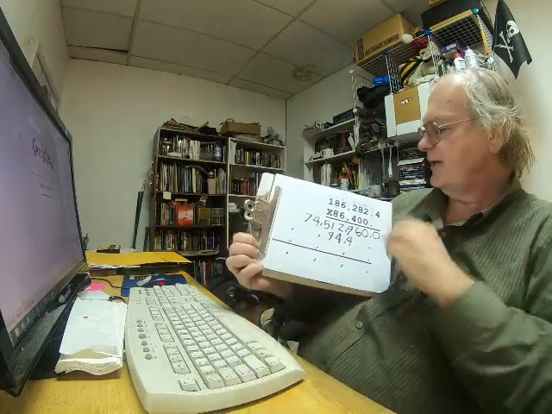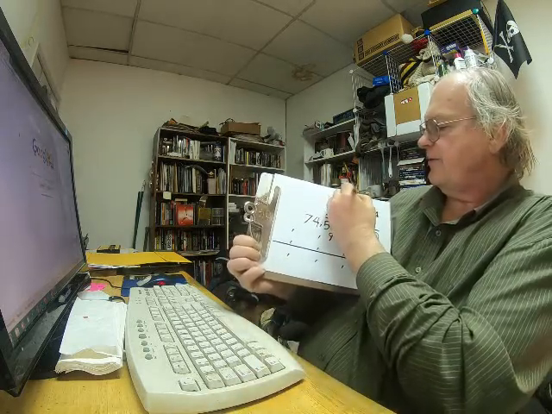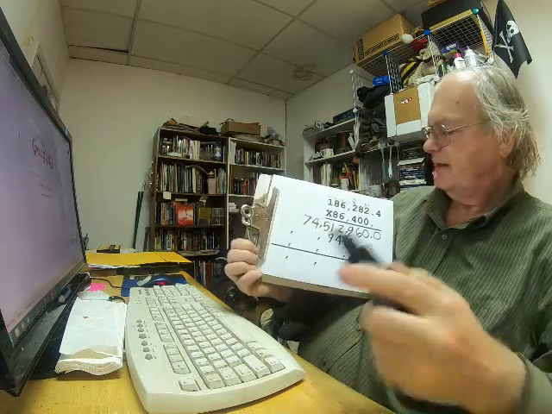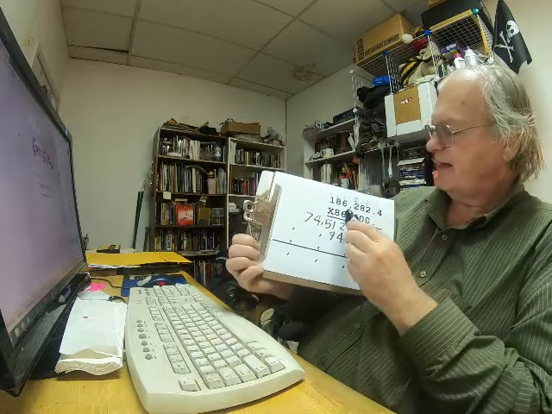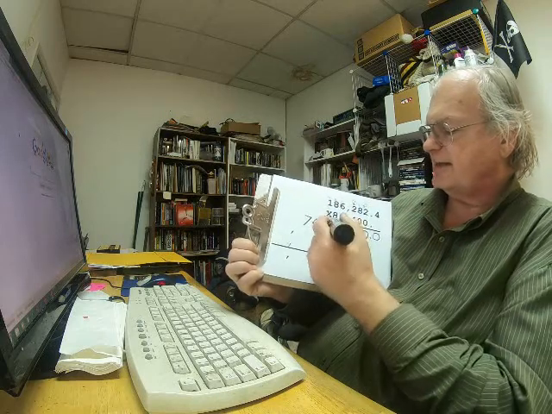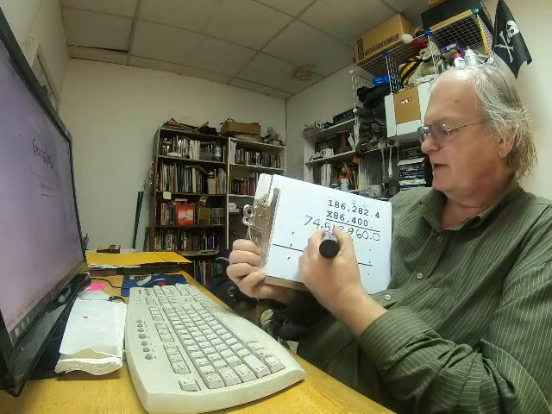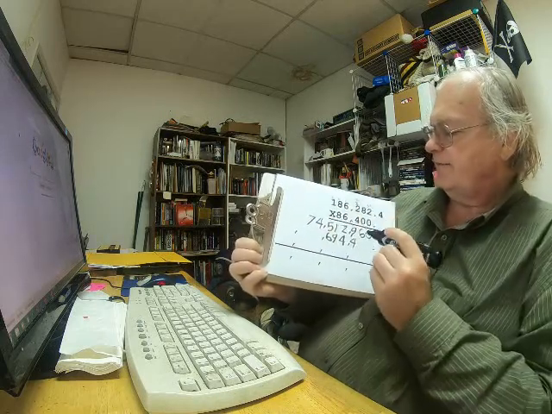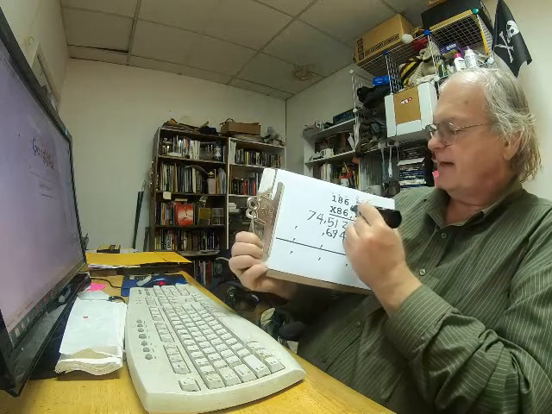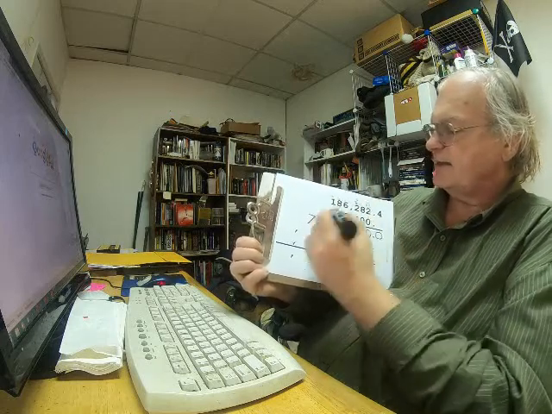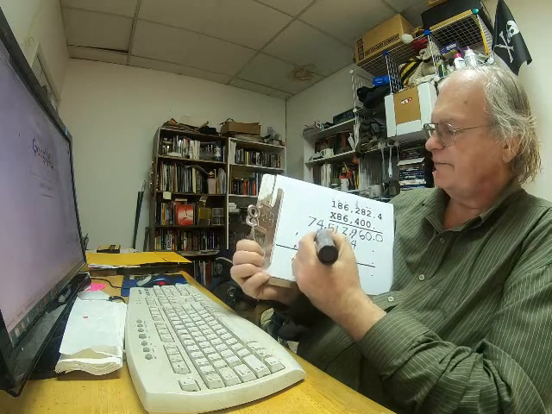And since we're done with this 3, we substitute the 4 that we're now carrying. 2 times 6 is 12, plus the 4 is 16. So we put a 6 there and carry the 1. 6 times 6 is 36, plus the 1 is 37.